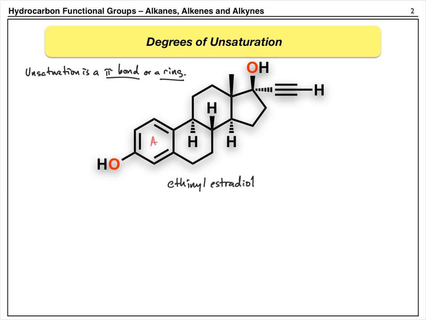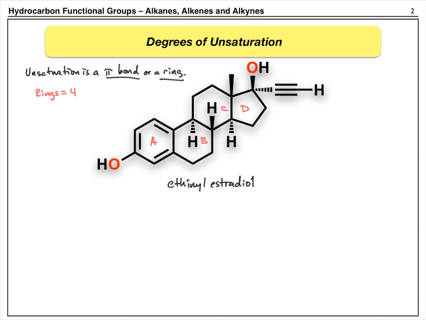So the A ring, the B ring, the C ring, and the D ring. So just through visual inspection, we can see that this molecule has 4 rings. And so each ring is a degree of unsaturation.